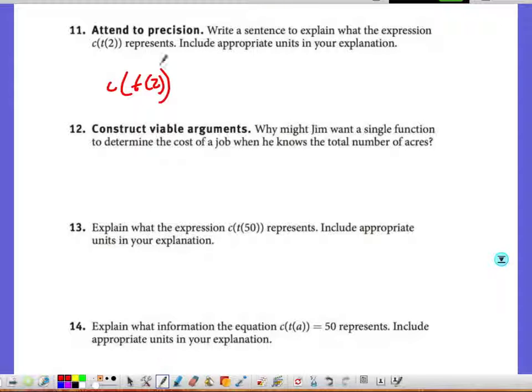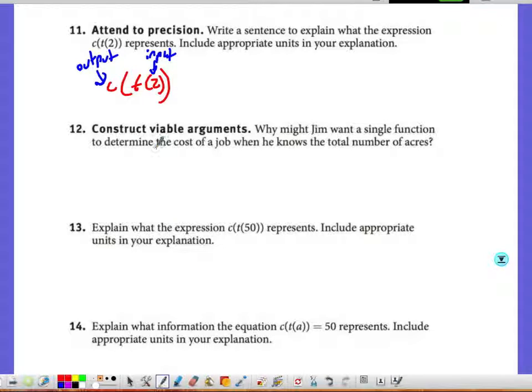Remember, in a composite function, your input is always all the way on the inside of the parentheses, and your output is going to be the variable on the outside. So what does the 2 represent? What is the variable of the 2, and what does C represent here?